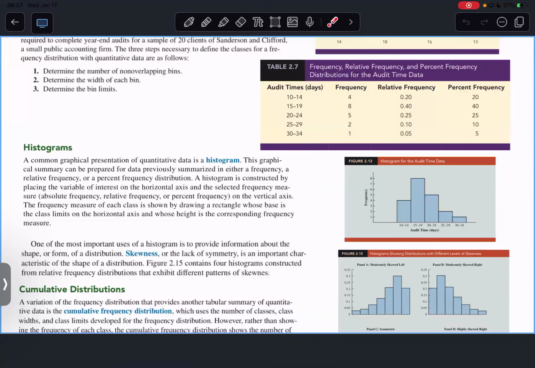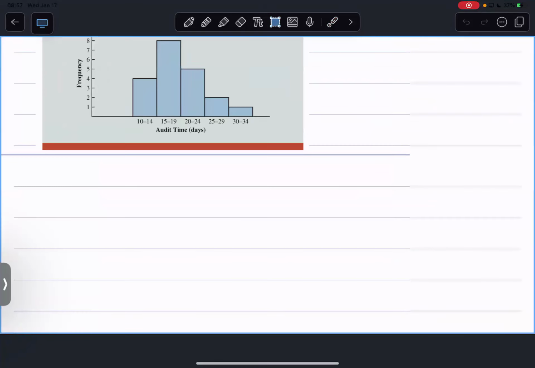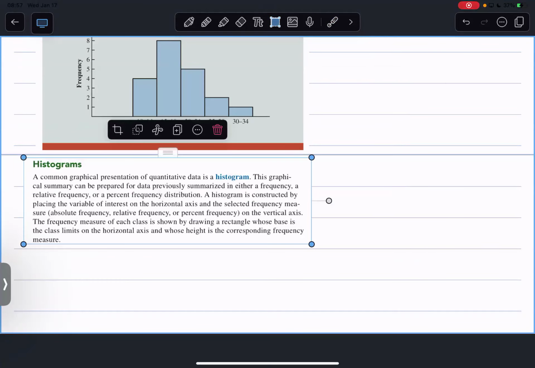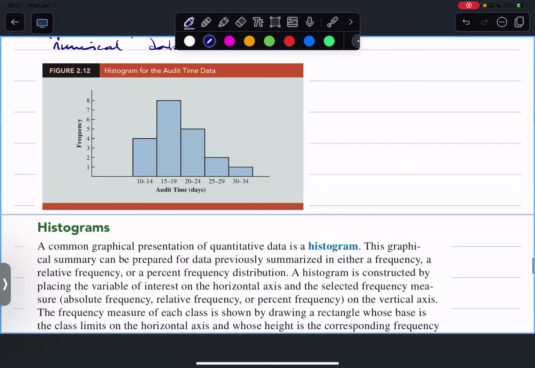Which is the same as that table that we had. Put this in. So here, this is a histogram.